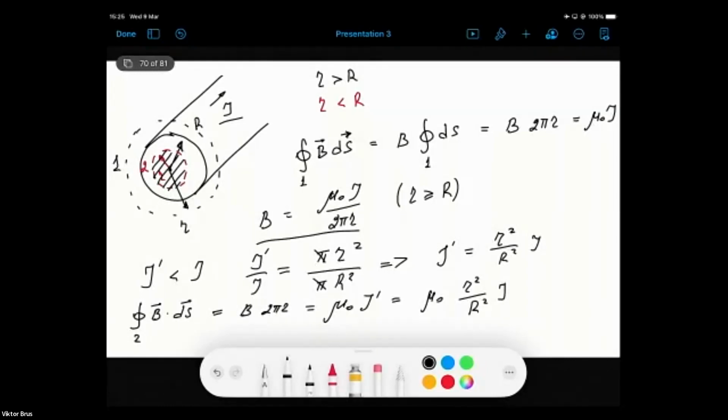So once we have this, we can express magnetic field. So here we can cancel out this r and this square. And eventually we will get the following. Let's write it here.